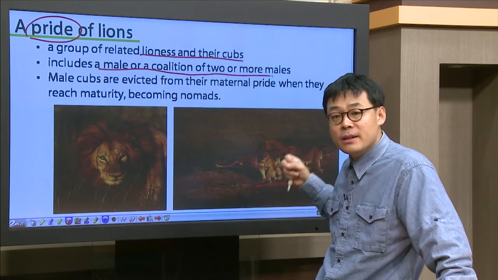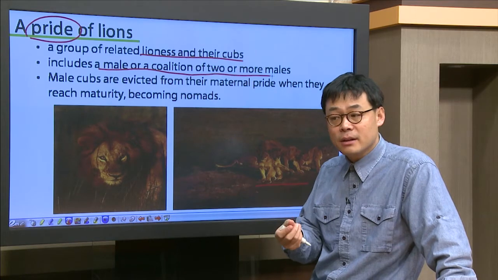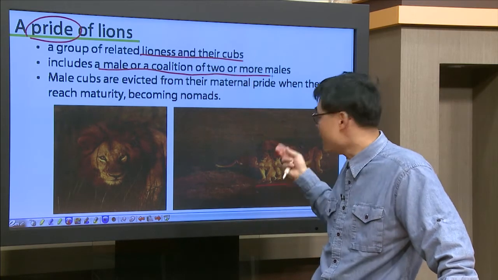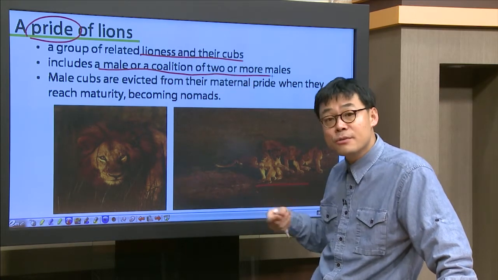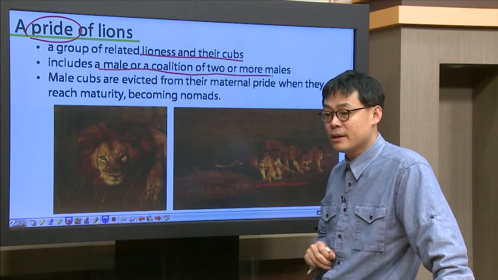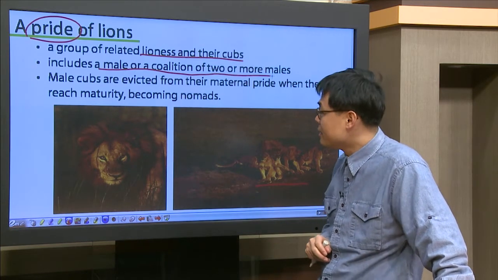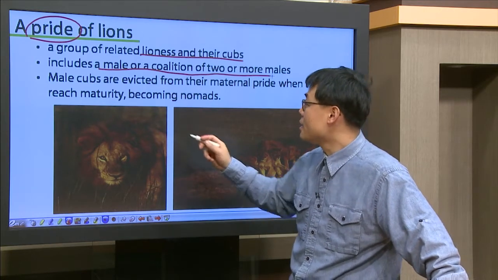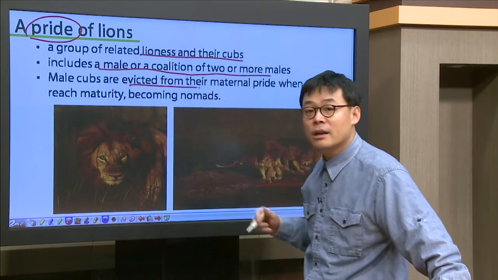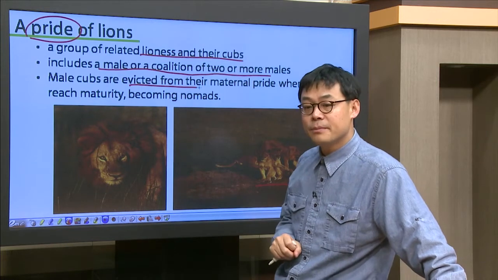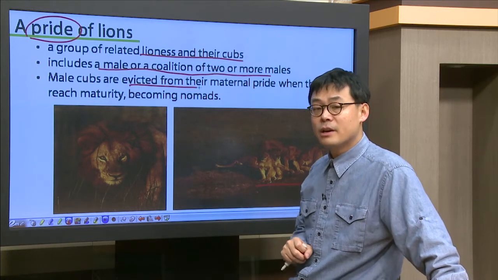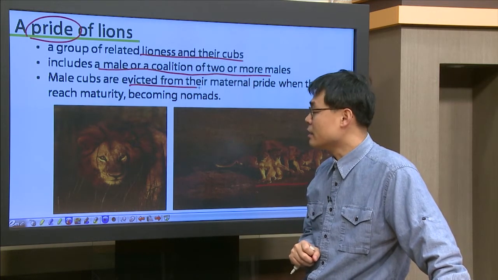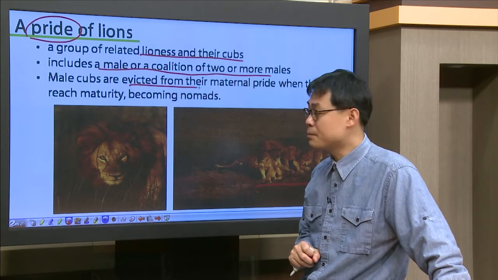If you are a female offspring, then you stay in this group, becoming a group member. But if you are a male offspring, once you are grown up, the male cubs are evicted. You are kicked out of this group and become a nomad until you find your own pride.